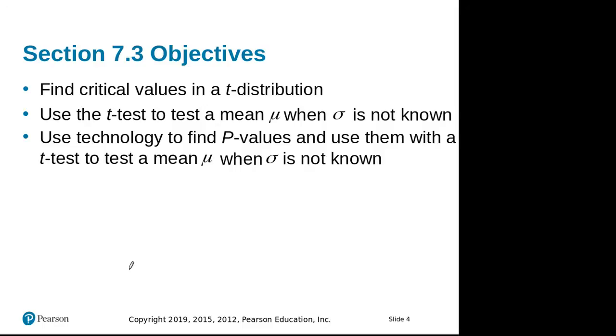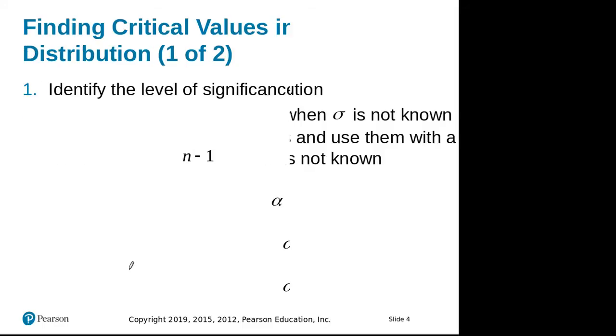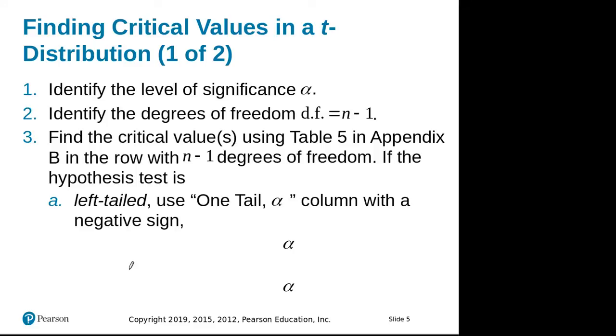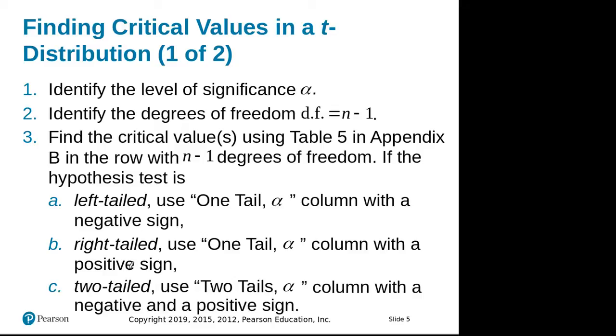So everything we did in the previous section carries over. We identify our level of significance. Now, because we're using a t-table, we have this new thing called degrees of freedom, which is the number of samples minus 1. It's the amount of freedom we have in determining what our statistics are, because we have to have one value to be the sample, and then we compare the samples back to each other.